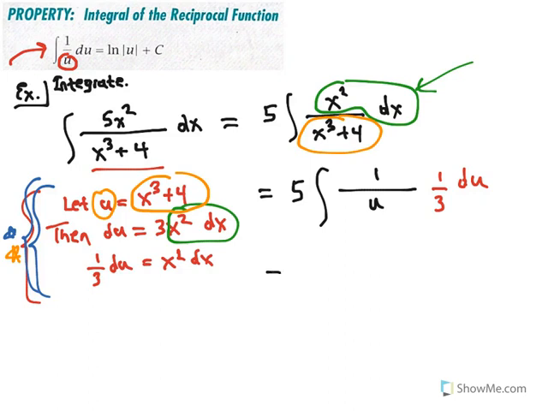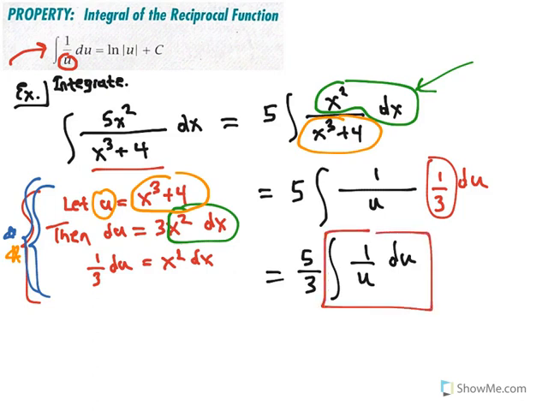We need to factor out 1/3, and when we do that, we will have 5/3 times the indefinite integral of 1/u du. We know the indefinite integral of 1/u du is the natural log of the absolute value of u plus c.